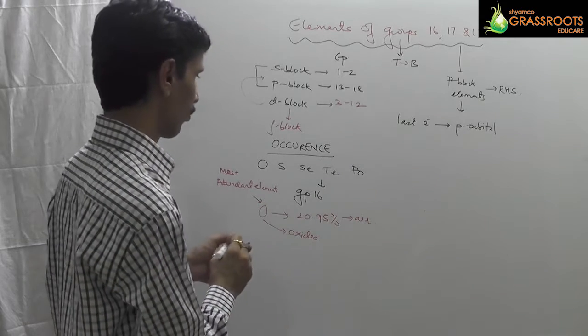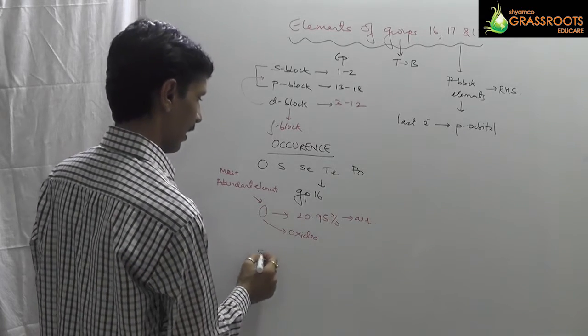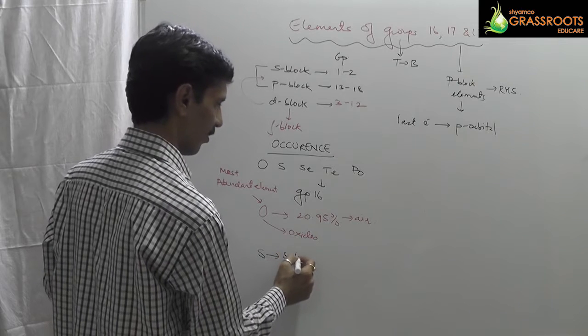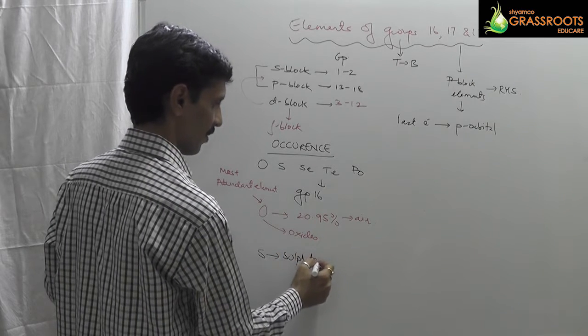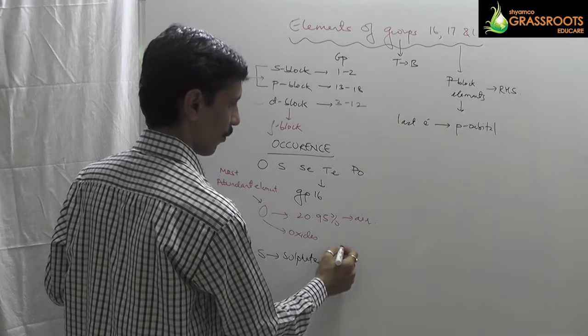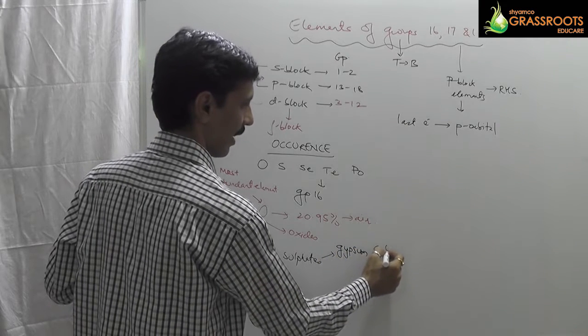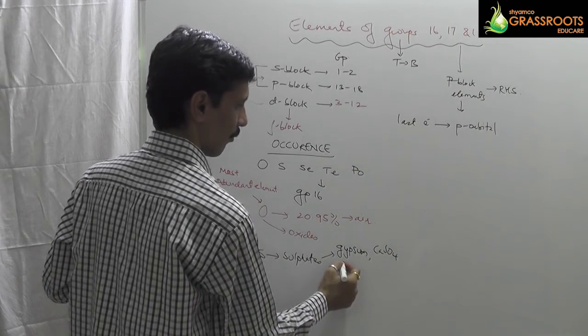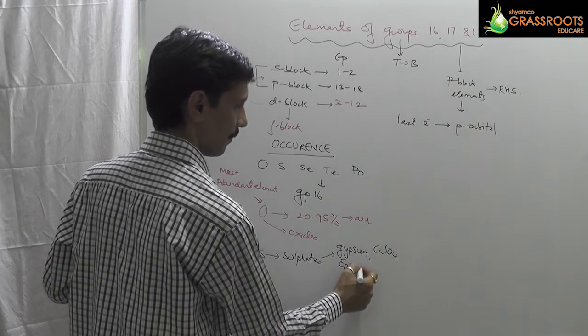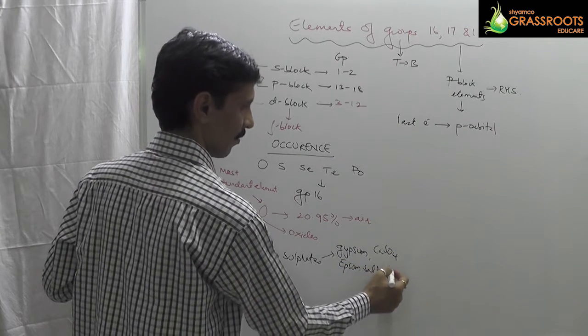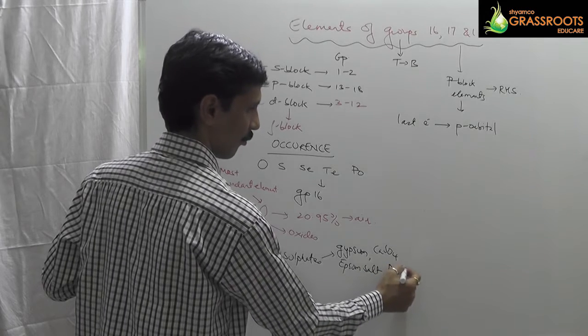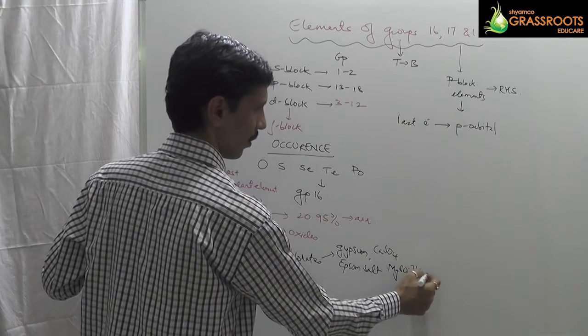Okay, now we talk about sulfur. Sulfur generally are present in the form of sulfates. कुछ एग्जाम्पल देना चाहूंगा आपको मैं, जैसे कि जिप्सम है, उसका फॉर्मूला है CaSO4, फिर है एप्सम सॉल्ट which is nothing but MgSO4 along with 7H2O.